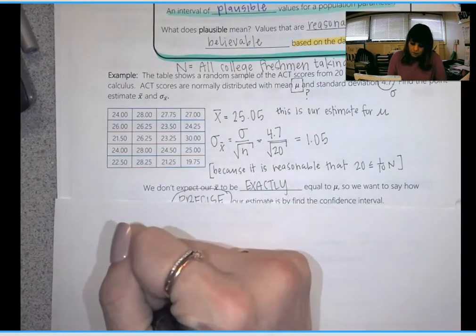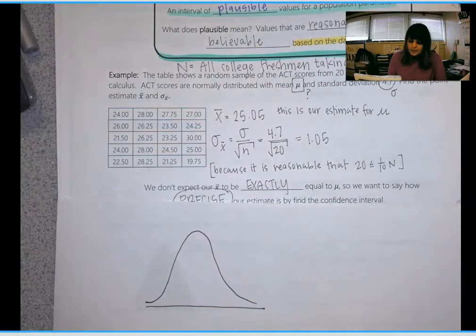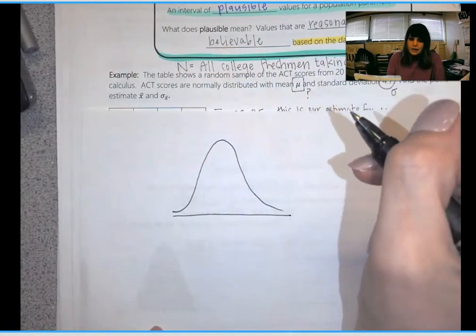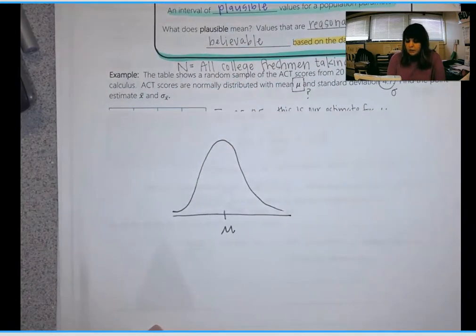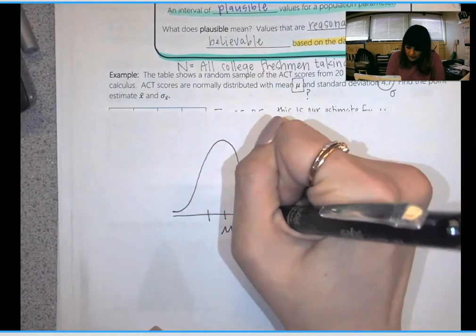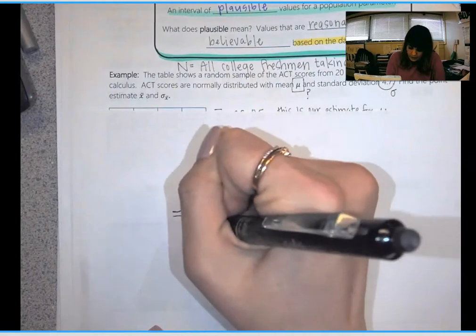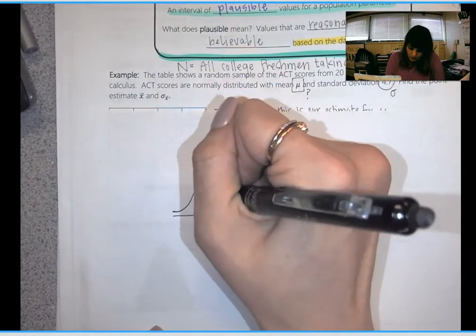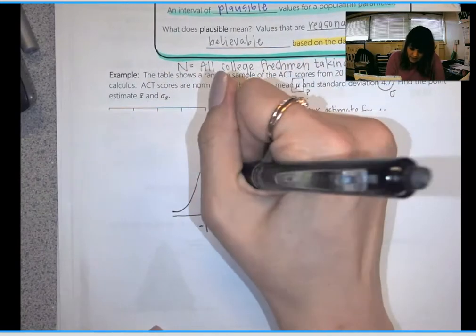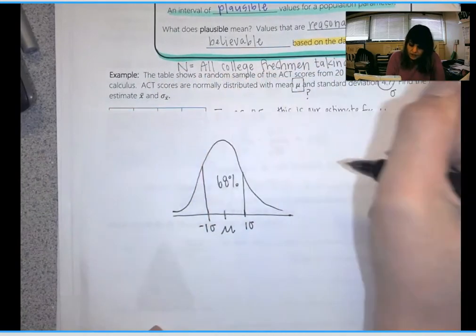From the second unit we did, we know that for a normal curve, our mean is in the middle. Then 1 sigma in either direction is 68% of our data.